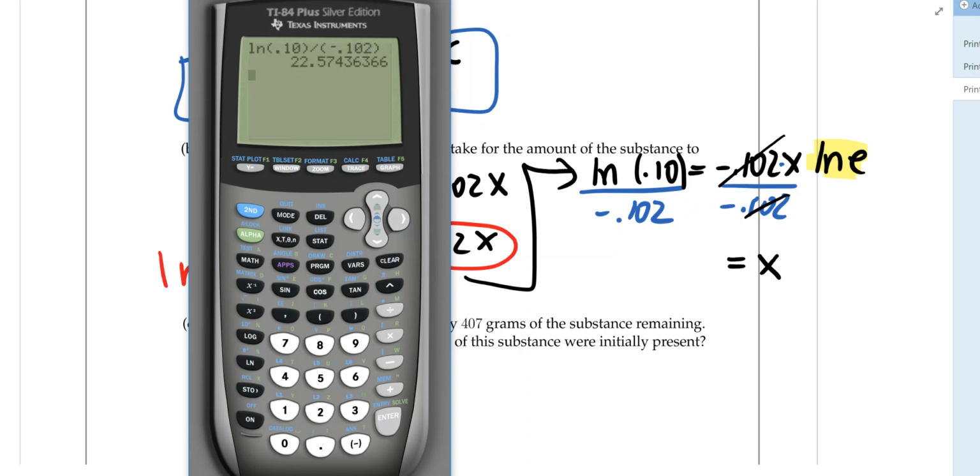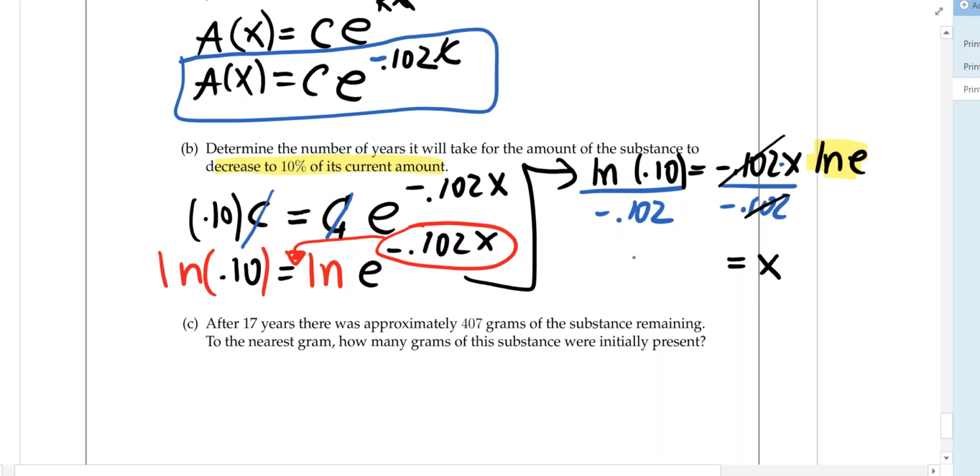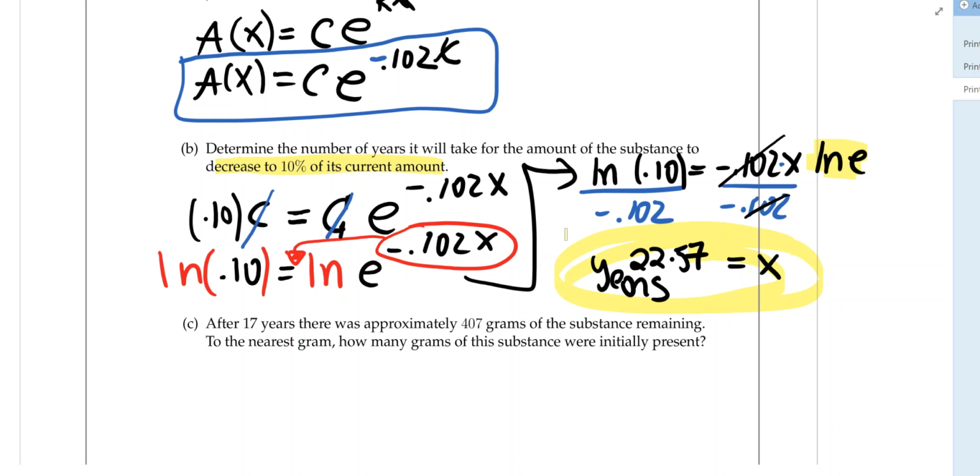So it's 22.57, 57 years. So it takes that many years for this substance to reach 10% of what it started with. So you see, we don't need to know what it started with. We just need to know when it reached 10% of whatever it started with.